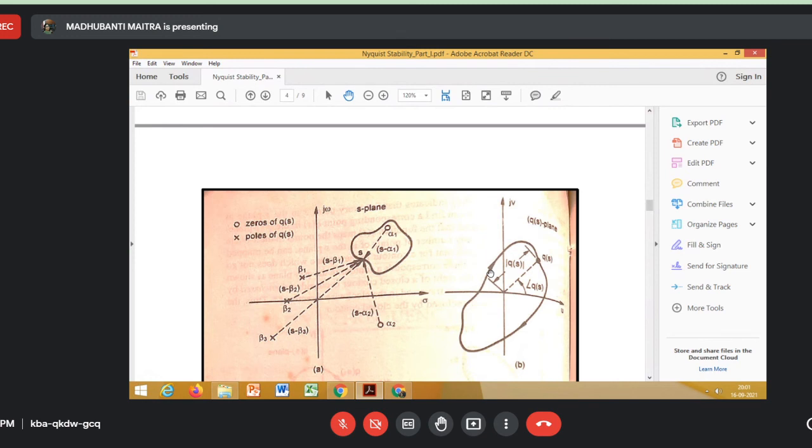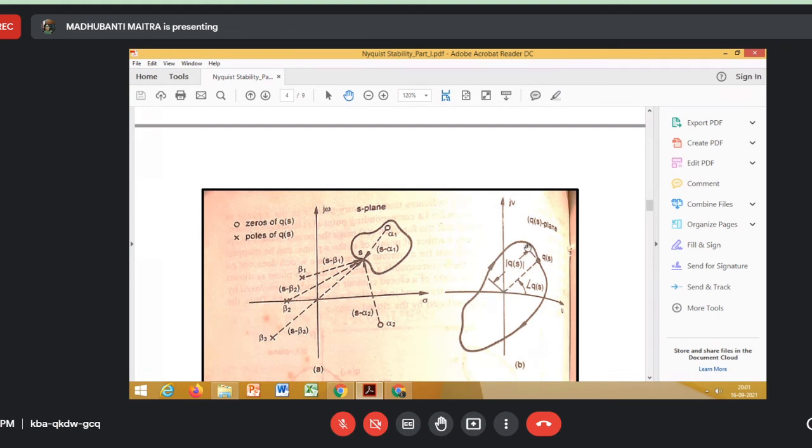So since net change in angle of QS phasor is minus 2 pi, the tip of the QS phasor will rotate like this in the clockwise direction once, and in the process will encircle the origin of the QS plane.